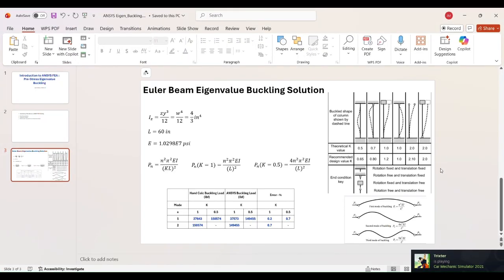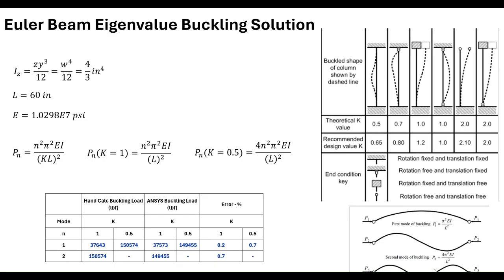So if we look at some theory, for a beam that is pinned on either end, you get a K factor here of 1, so your effective length is 1.